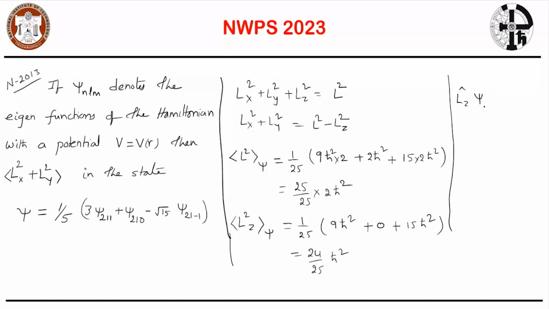If you have 2, 1, -1, what you get is -1 times h cross. But when you have Lz square, you have to do it twice. So -1 times -1 is 1. That's how there is no minus. You understand? Similarly, this minus also goes, because you have to do it twice.